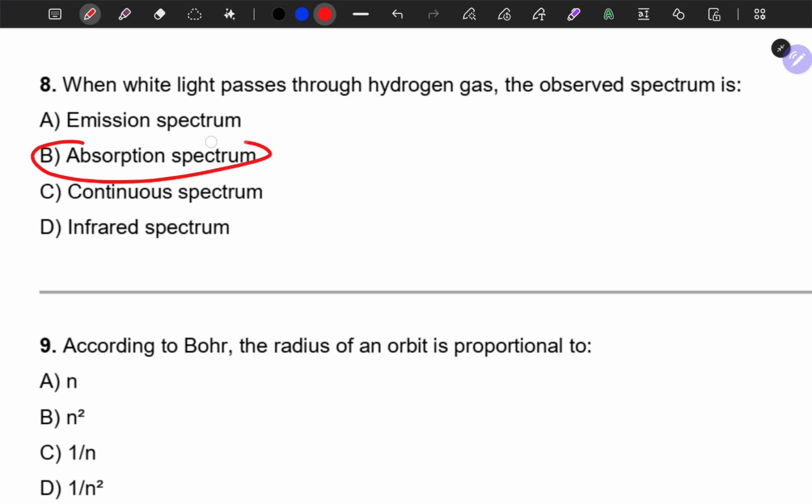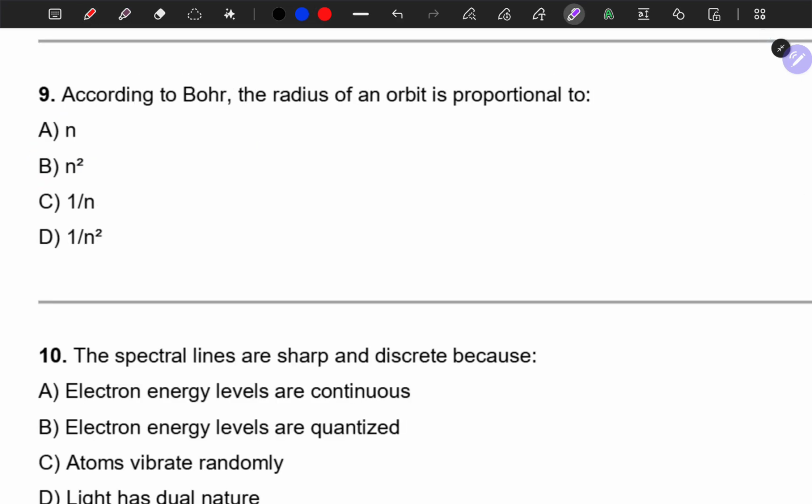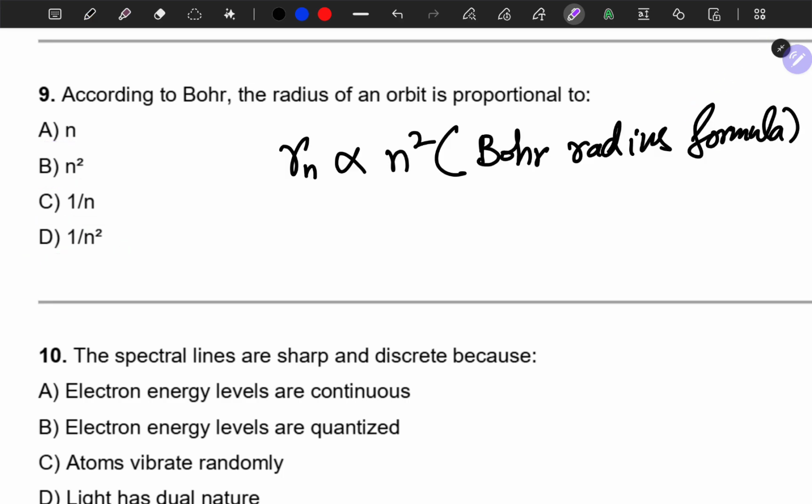but the spectrum we will get is the absorption spectrum. The next question is: according to Bohr, the radius of an orbit is proportional to n square, 1 by n, or 1 by n square. So here we have that Rn is directly proportional to n square into Bohr's radius formula. I'm just writing this as a proportionality, but we will have an equation.